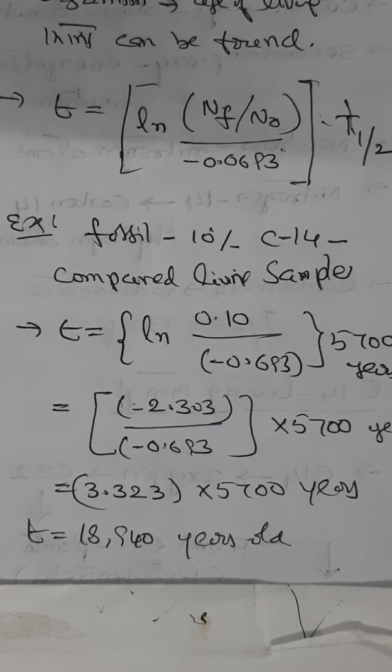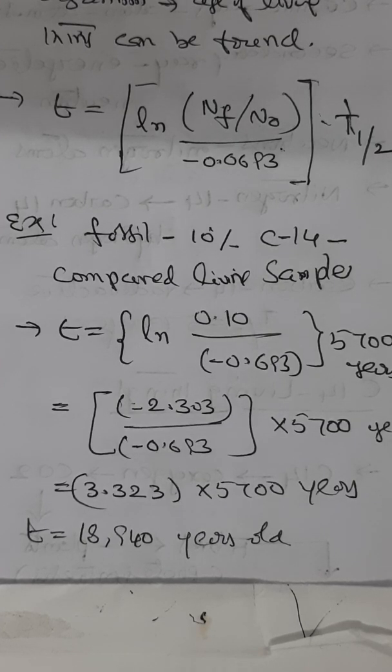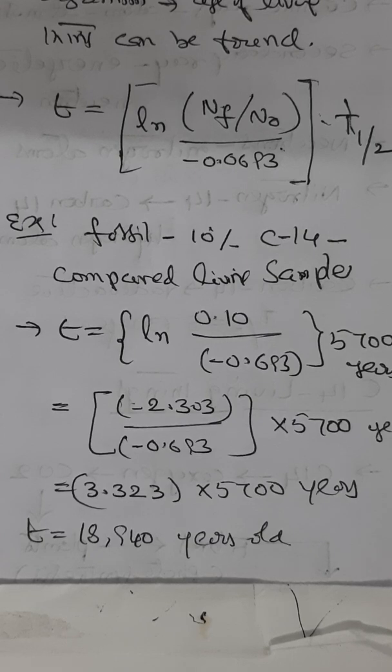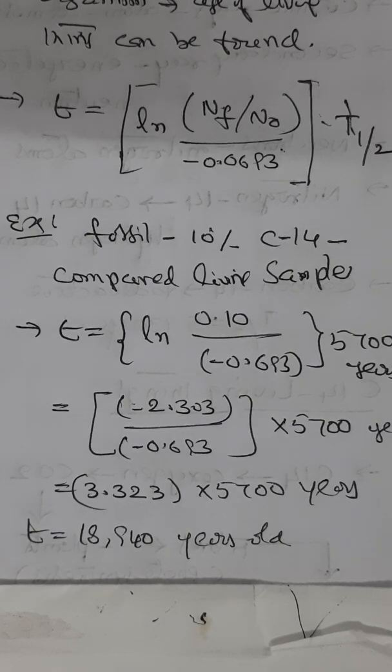However, as I told you, the principle of carbon 14 dating applies to other isotopes also, like potassium 40, another radioactive element naturally found in our body, with a half-life of 1.3 billion years. Apart from that, other useful radioisotopes for radioactive dating include uranium 235, uranium 238, thorium 232, rubidium 87, etc.